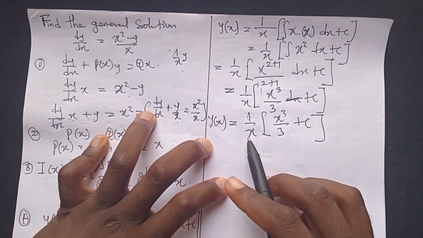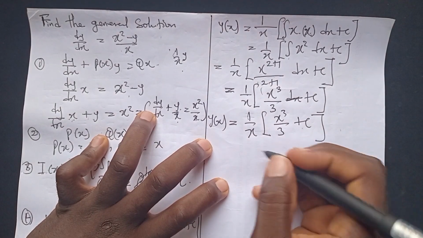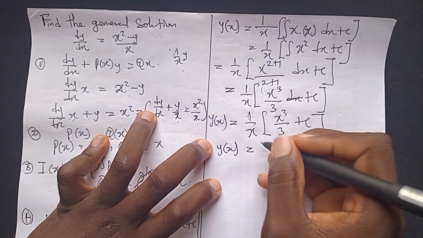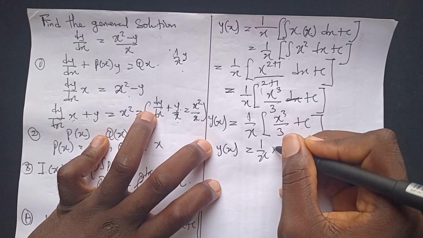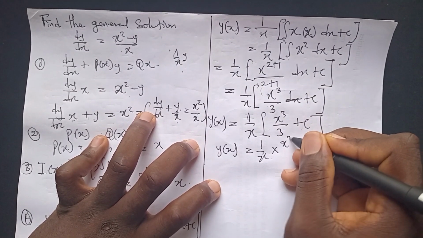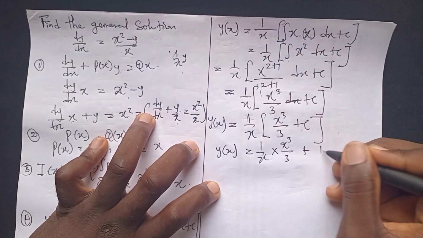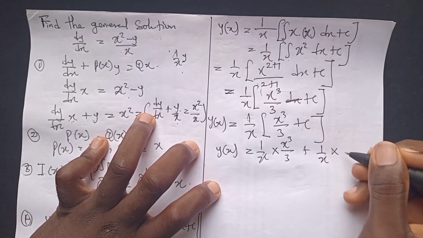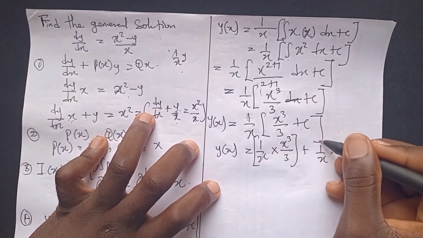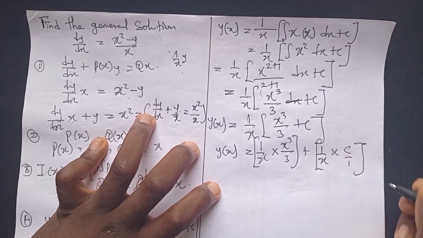Now this 1 over x can multiply everything in the bracket. So we have y of x to be 1 over x times x raised to the power 3 over 3, plus 1 over x times c, with the denominator 1 over here, don't forget.